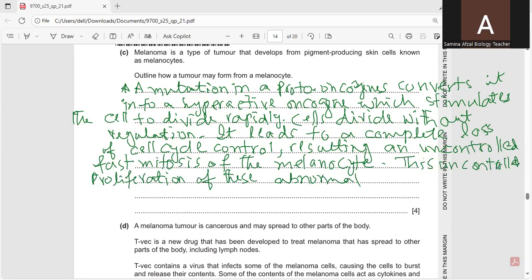So abnormal cells form a mass known as melanoma.